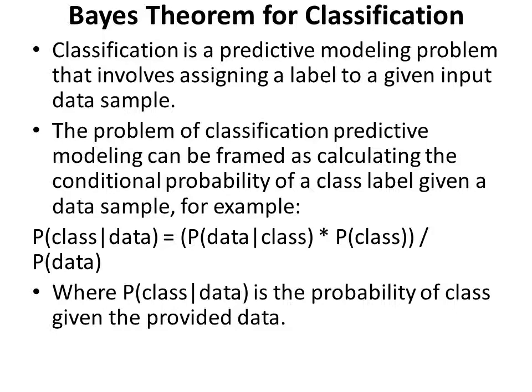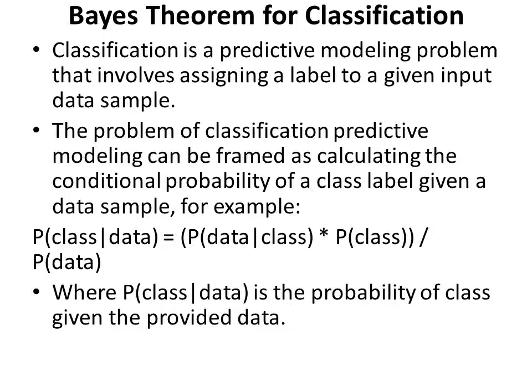The problem of classification predictive modeling can be framed as calculating the conditional probability of a class label given a data sample. So here calculation of conditional probability is done. The conditional probability of the class label, where the data sample is given, can be calculated.